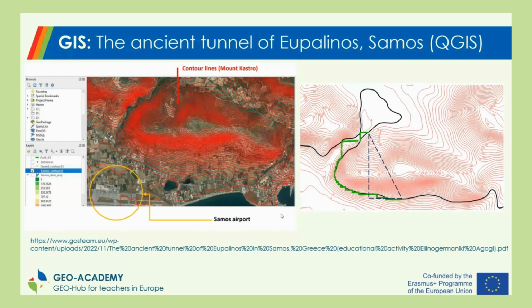And actually, he used the Pythagorean theorem. The thing is that Pythagoras was born 500 years later. So still it's a mystery how Eupalinos solved that problem, but we are solving this problem using QGIS, topographic maps with contour lines, and we are following one approach on how Eupalinos solved this super complex problem.